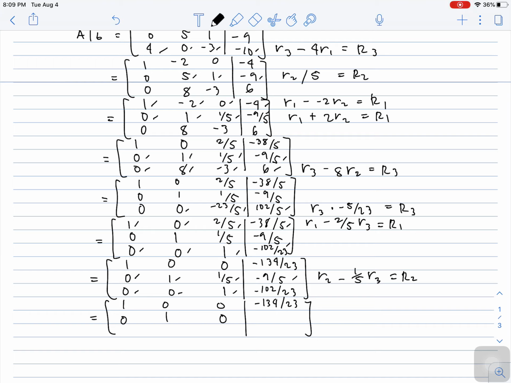Negative 9 over 5 minus 1 over 5 multiplied by negative 102 over 23 is negative 21 over 23. So copy the last row.